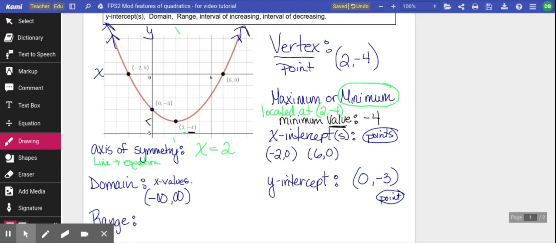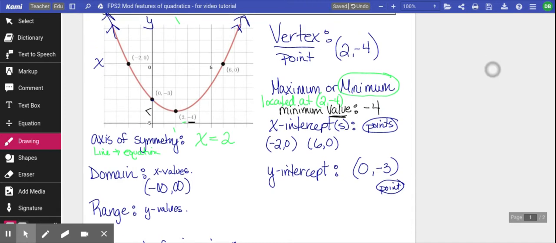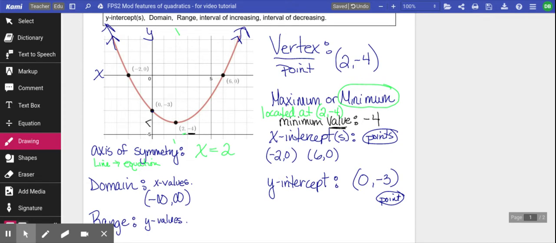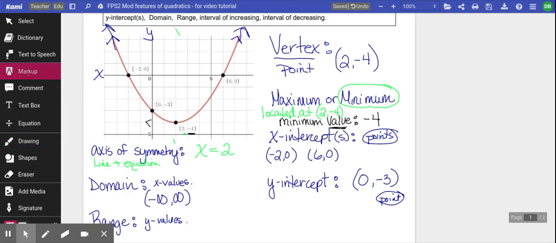Range in this problem is a little bit different than the domain. Range refers to our y values. So what y values are being used in our quadratic? Well, for this particular quadratic, when we look at the y values being used, we can see that we're starting with the very lowest y values right here, and the graph is growing upwards.